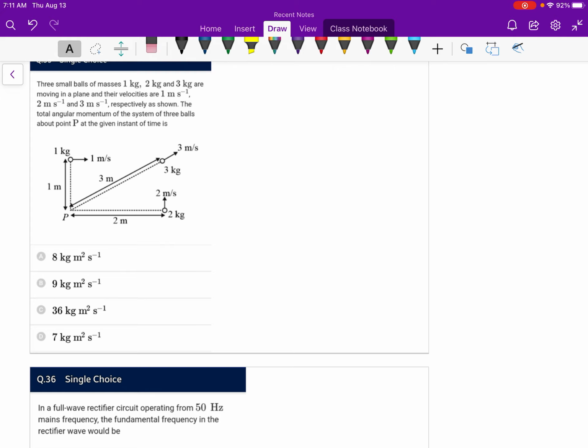Angular momentum about point P. So if these three particles are A, B and C, the L vector for the first particle is MA VA RA, and direction is clockwise. For the second particle it is 0, and for the third particle it is MC VC RC, and direction is anti-clockwise.